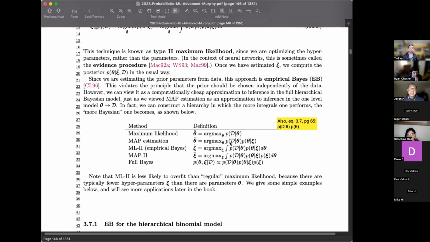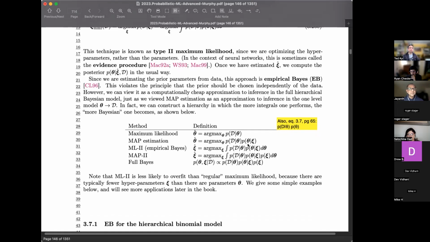And so he draws on increasing complexity in the models. We can have an estimate of theta by just looking at the likelihood and then doing a maximum likelihood.